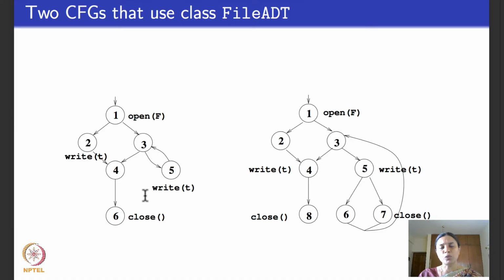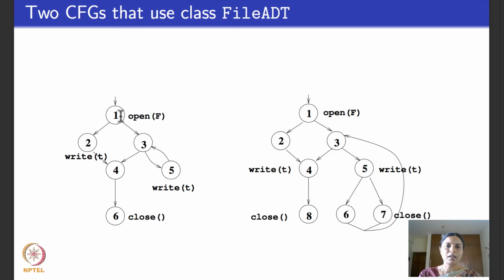Before we move on to that, here are two examples of two different pieces of code that use the methods of the class file ADT. On the left hand side is the CFG corresponding to one piece of code that uses methods in a particular way. On the right hand side is a CFG corresponding to another piece of code that uses the methods in another way. Let's focus on the CFG on the left.